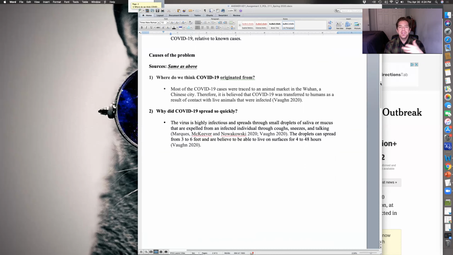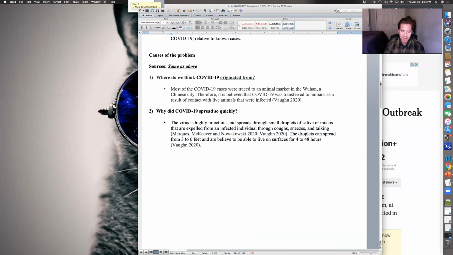So again, this is just based on investigatory work, right? It doesn't mean that it's the place of origination, but it's what many believe to be the place of origination, although this investigation is still ongoing. And so it's believed that COVID-19 was transferred to humans from animals, perhaps at this particular market.